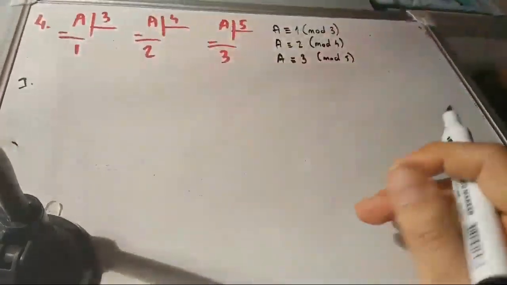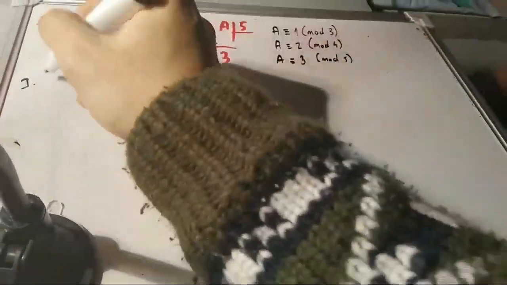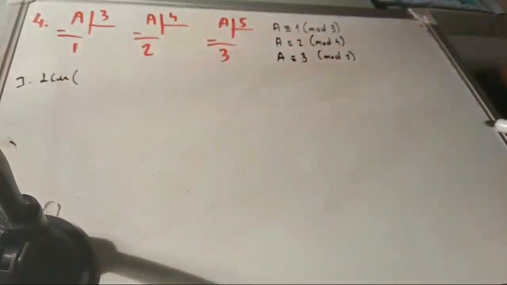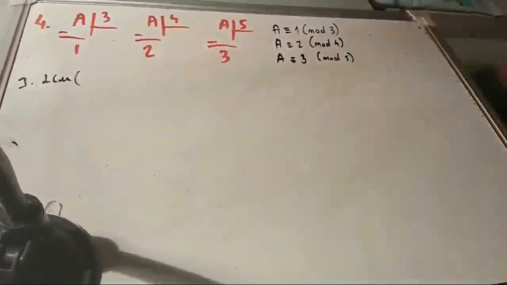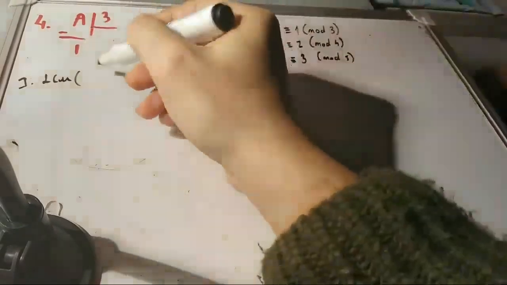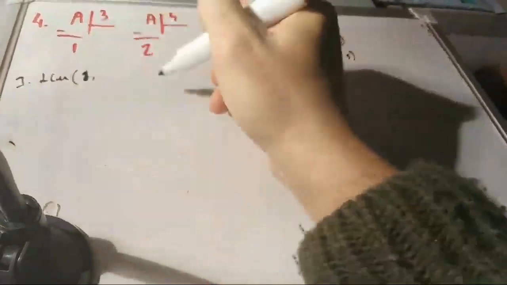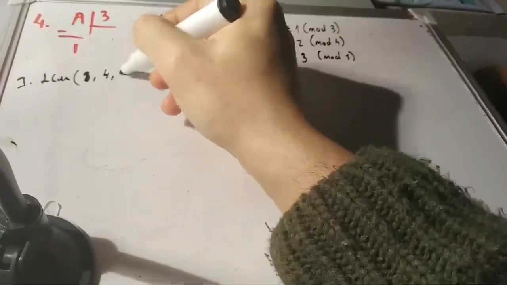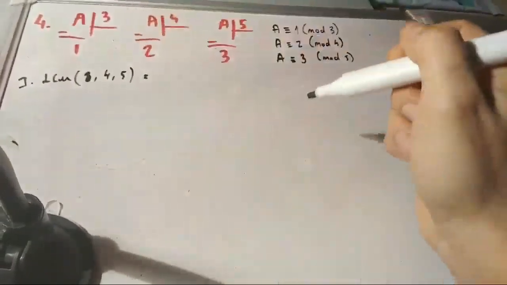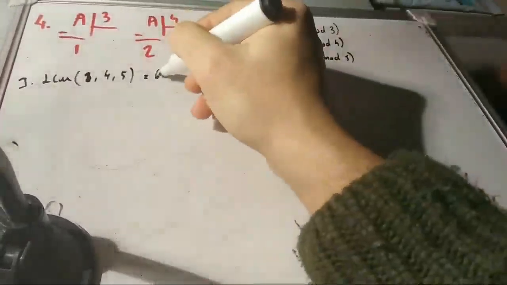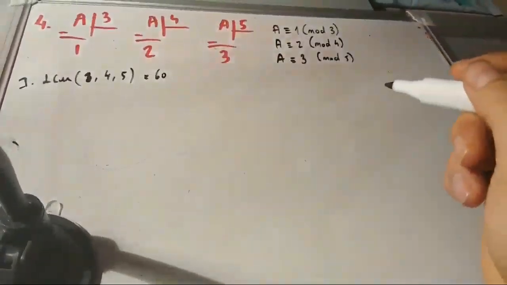The first step says find the least common multiple of 3, 4, and 5. It's going to be 60, right?